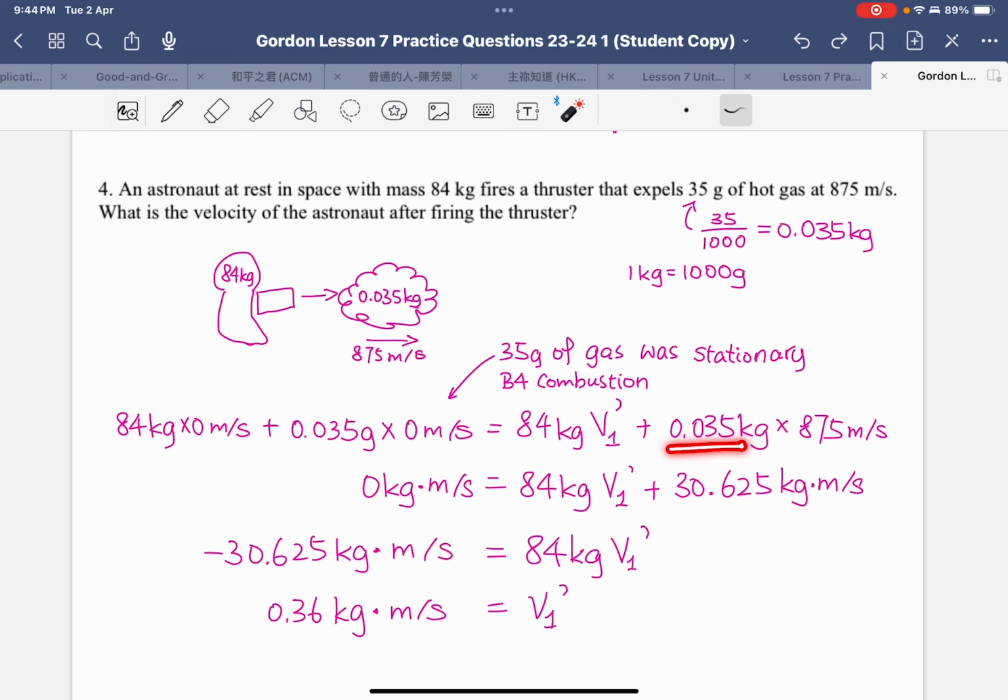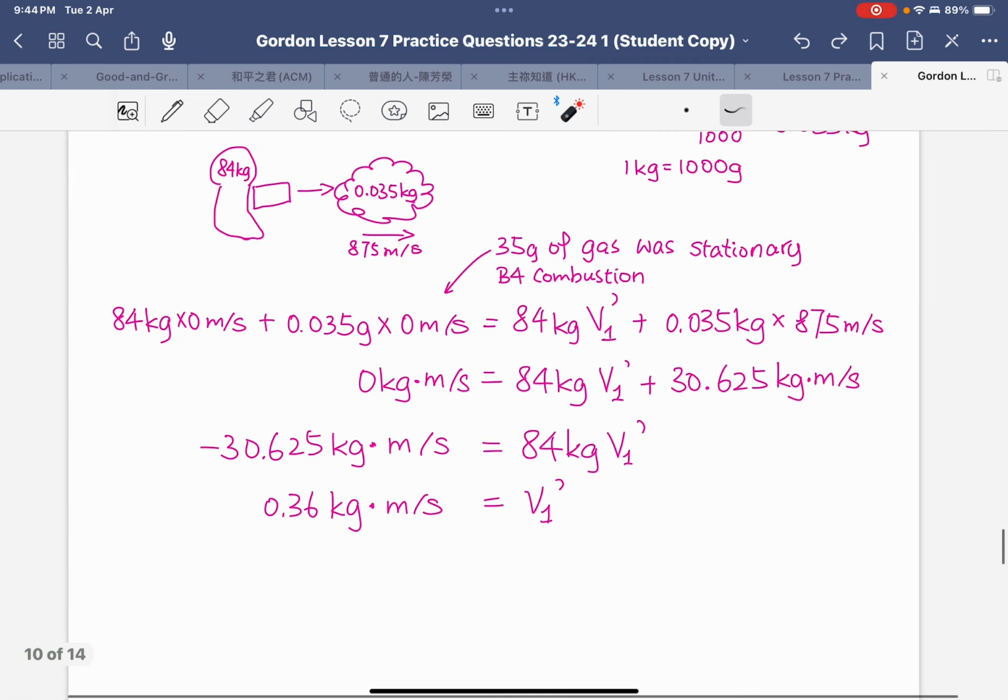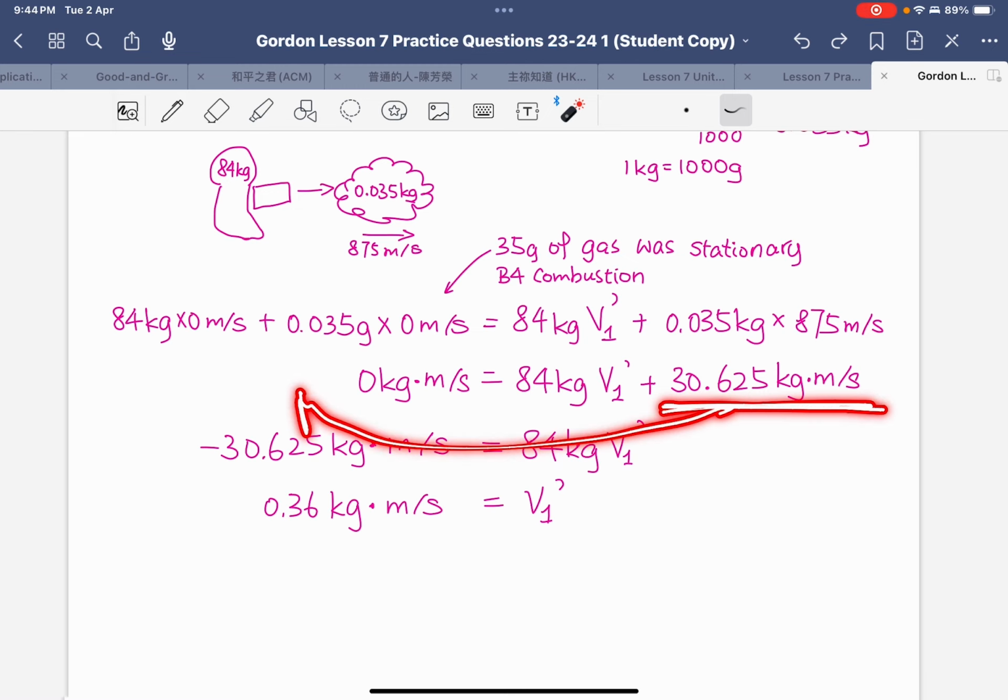This is my mass 2, velocity 2 after the event. This is my mass 1, and what we're trying to find is the velocity of the astronaut after firing the thruster. So that's the reason why I've subbed in these values the way I did. And calculate it, and you should find this. Don't forget that you need to make sure you have the correct positive and negative, because this is a positive value. After moving it to the other side, it needs to be a negative. So you need to change it.